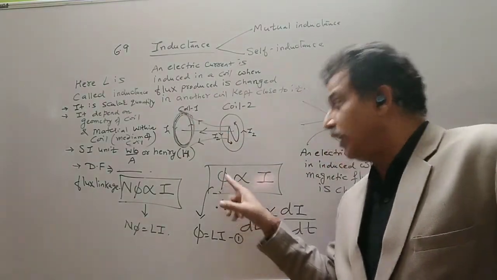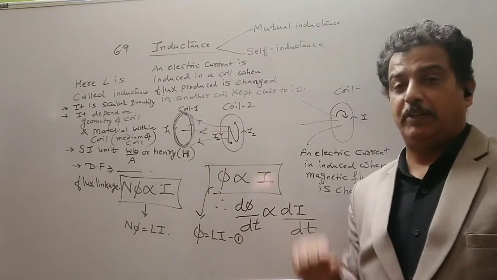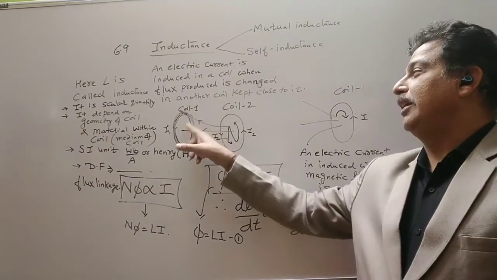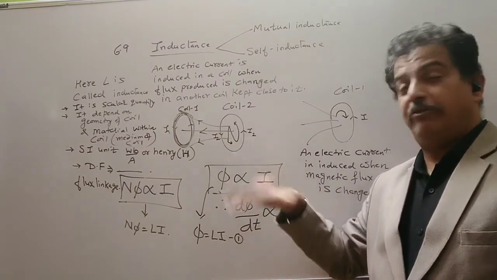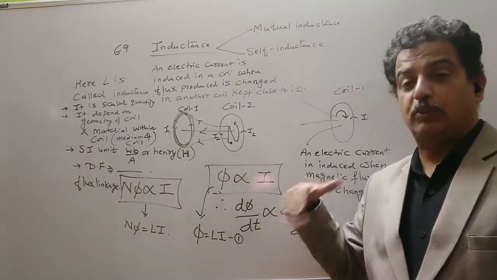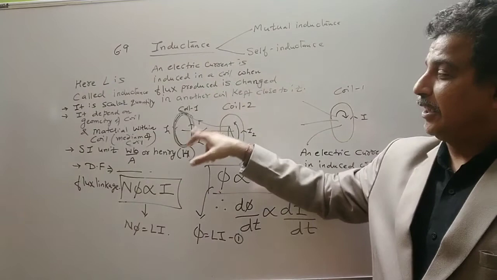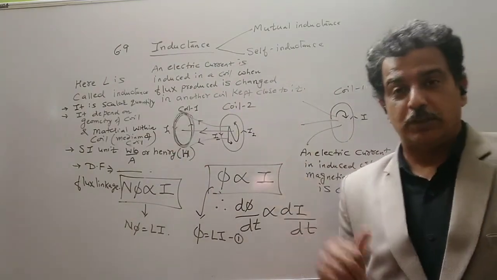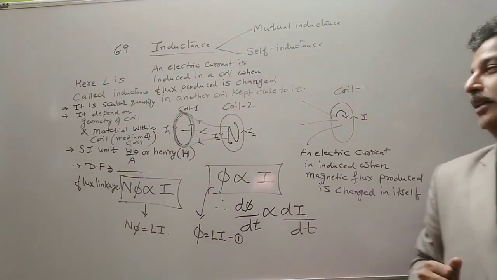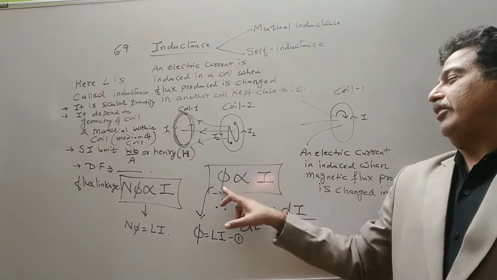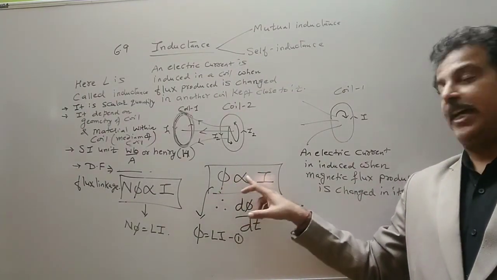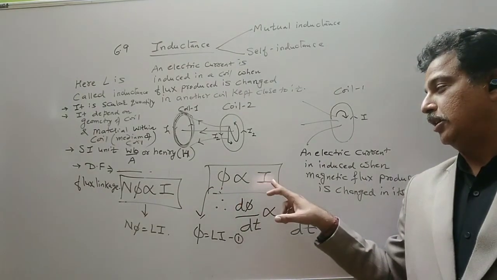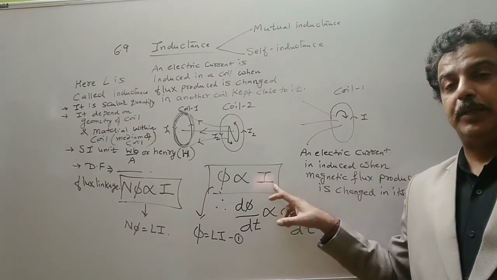So this will be called the flux linkage of coil 1, and it will directly depend on the current we set up. This is our current we have set up, and the current will be induced in it. That was our experiment, Faraday's experiment. So the flux linked with coil 1 is directly proportional to the current set up in coil 2.